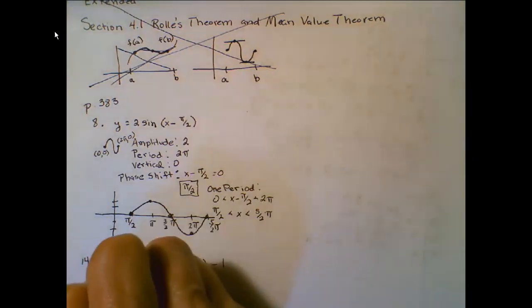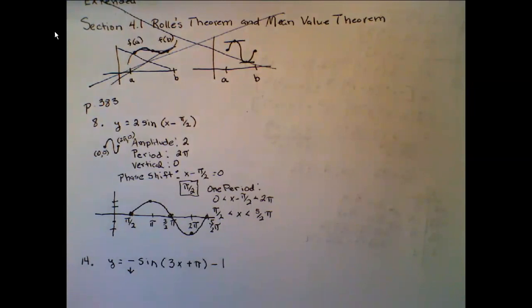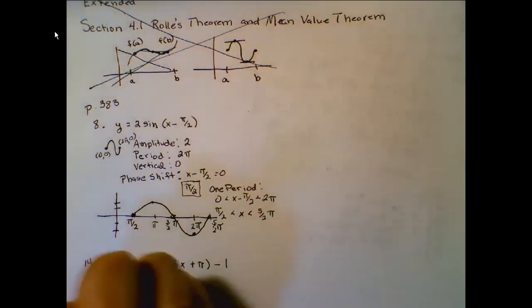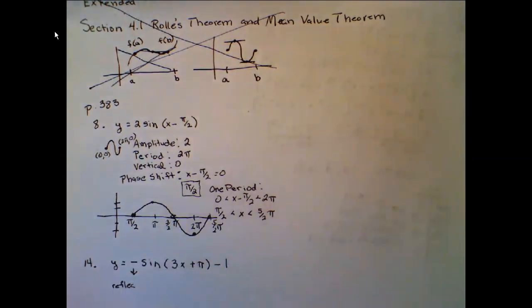What does this negative coefficient tell me? We have a reflection. All right, so I would check that box if I'm doing it.